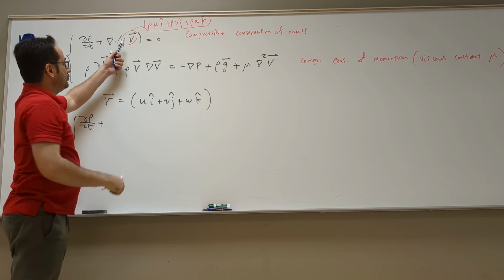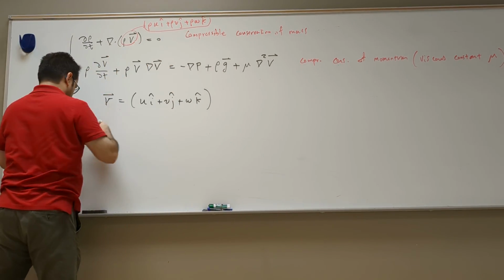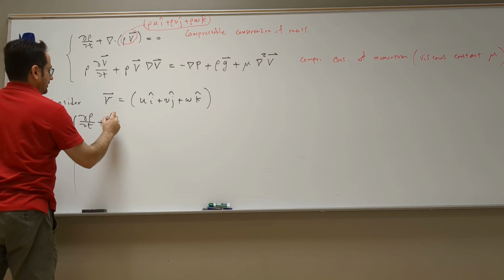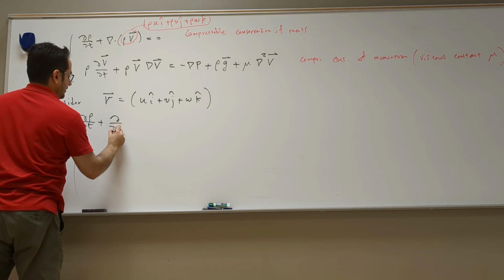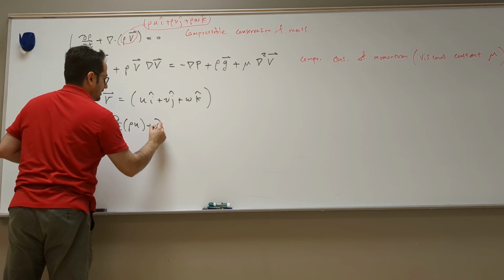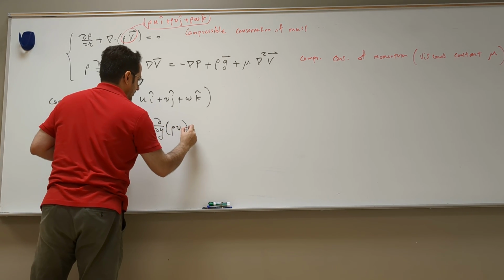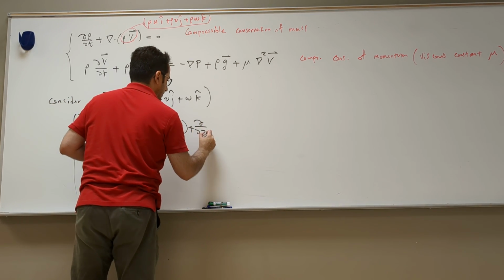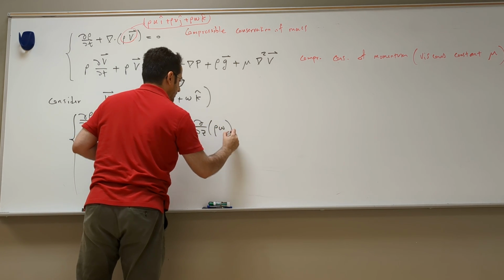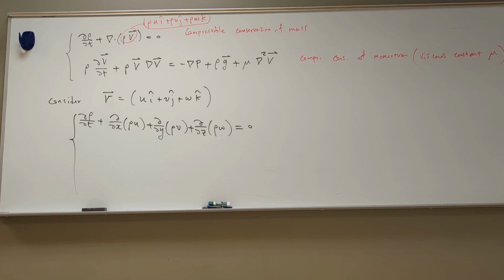You just do ρ times the velocity vector. Now the divergence of that is ∂/∂x of ρu plus ∂/∂y of ρv plus ∂/∂z of ρw equals 0. This is the continuity equation.